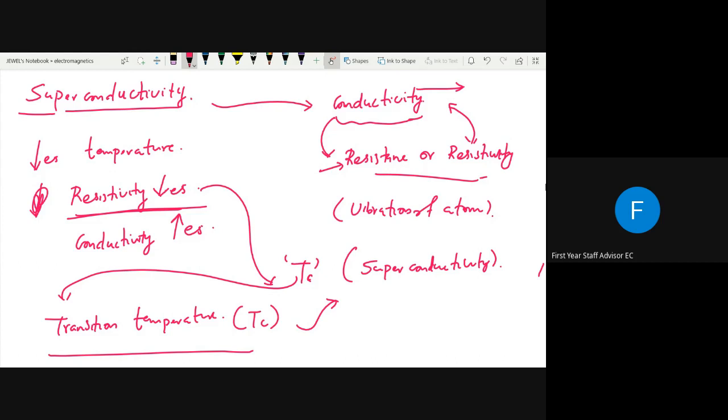So the collision between the vibrating atoms and electrons is now stopped. So now the surface electrons can move freely all along the surface of the metal or alloy. That means the resistivity now becomes zero.